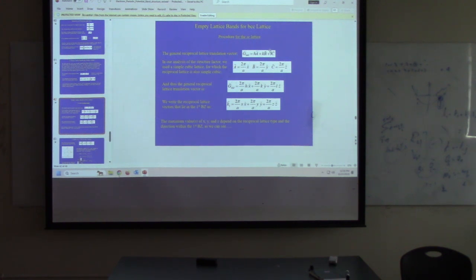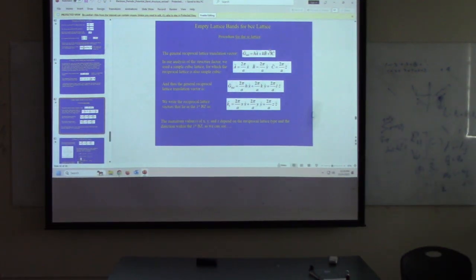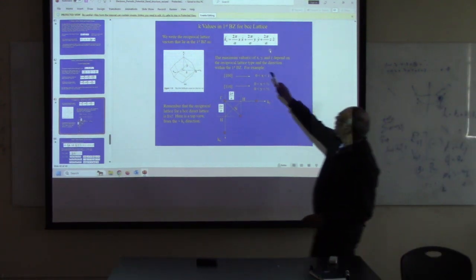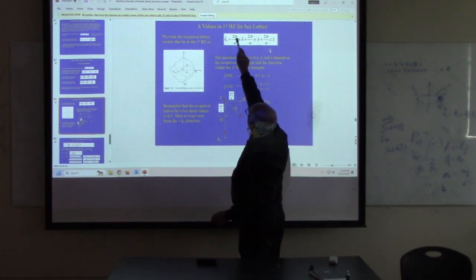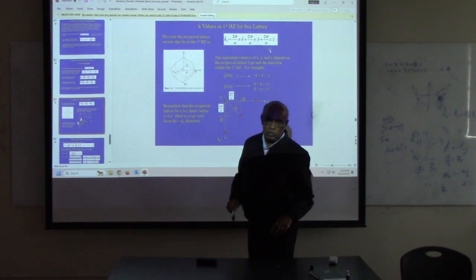K is basically Kx, Ky, Kc. Then that one I can also write as, but this is something you should not get confused. So I just write K as 2 pi over A times, this is actually the Kx value.